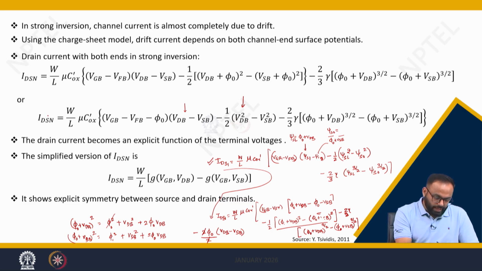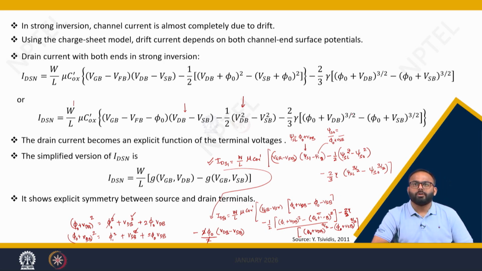And hence you will be left with ID equal to W divided by L mu into COX dash, VGB minus V flat band voltage minus phi naught, into VDB minus VSB, minus half of VDB square minus VSB square, minus 2 by 3 gamma into phi naught plus VDB whole to the power 3 by 2 minus phi naught plus VSB to the power 3 by 2.